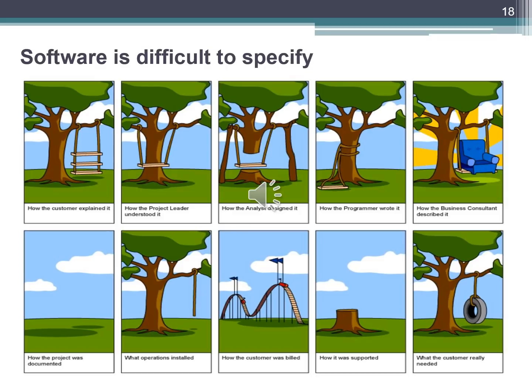Different classes of users have different requirements. It is difficult to establish exactly what the system is to do, and having designed the system, to convey to the users how their requirements will be met by the system.